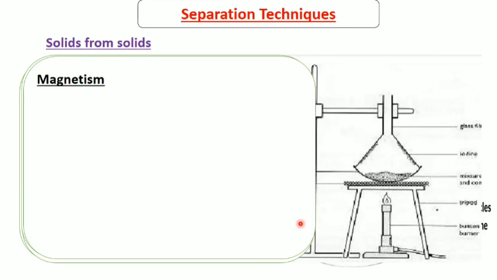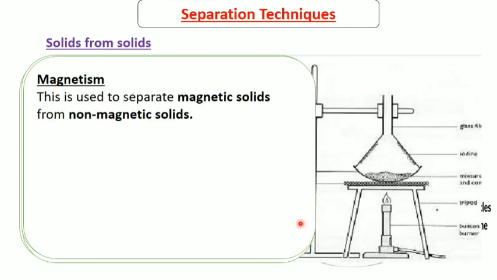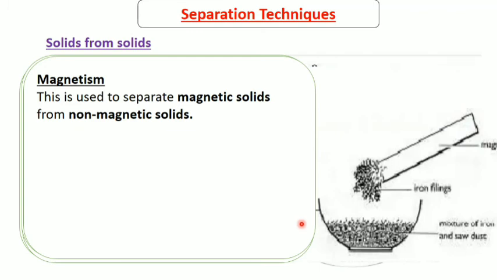So if you have two solids where one is magnetic and the other is non-magnetic, then you can use magnetism. What I've just explained is used to separate magnetic solids from non-magnetic solids. An apparatus for magnetism is like this, where you have a petri dish with a mixture of a magnetic material and a non-magnetic material.